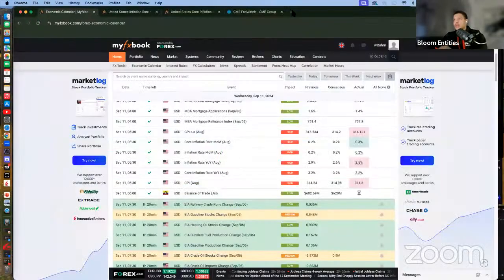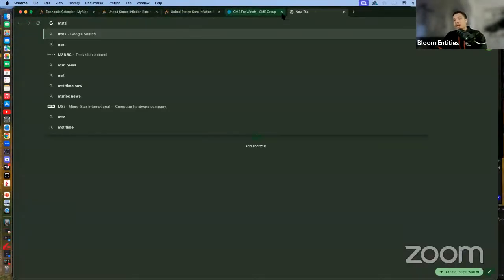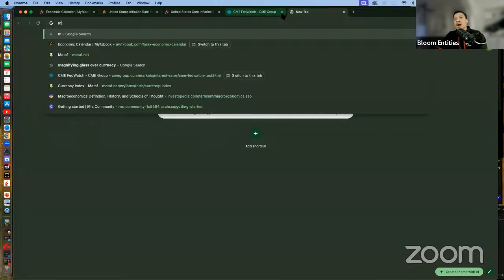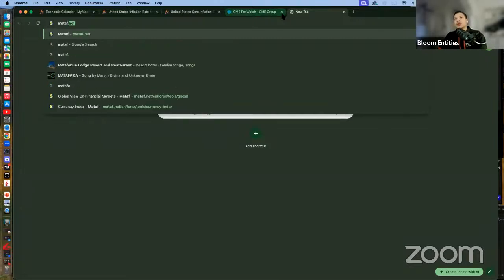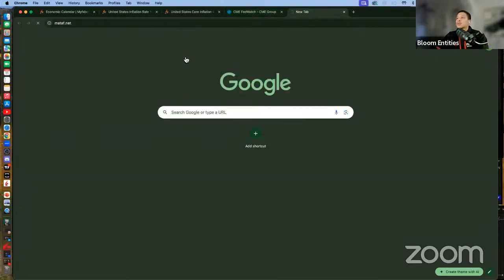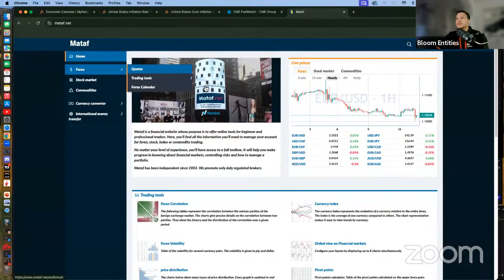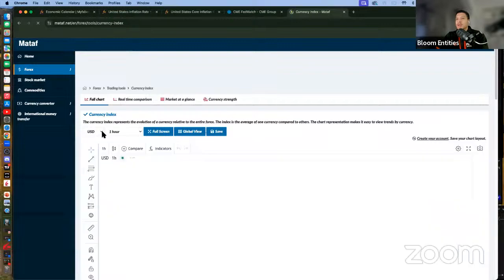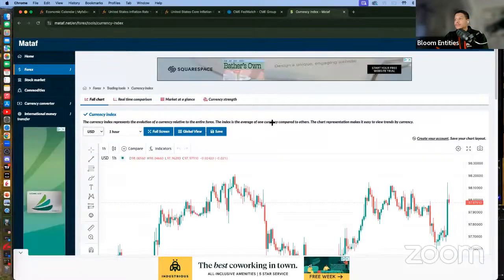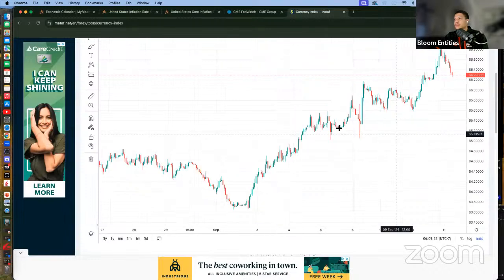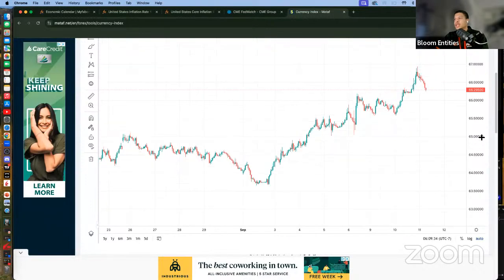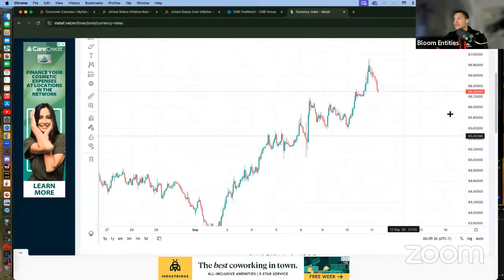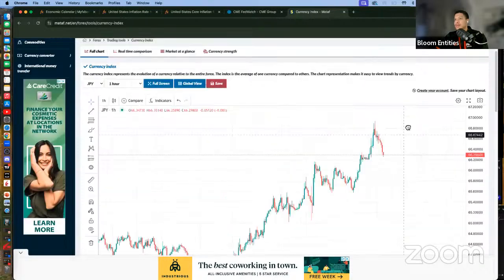When I look up actually one thing too, and see what's going on with JPY, JPY has been climbing, right? Just climbing.